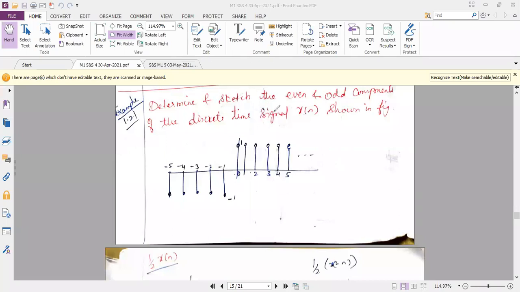So now I want you to copy this complete question with the diagram. Determine and sketch the even and odd components of the discrete time signal x of n shown in the figure. Once you have copied the diagram, let me know.